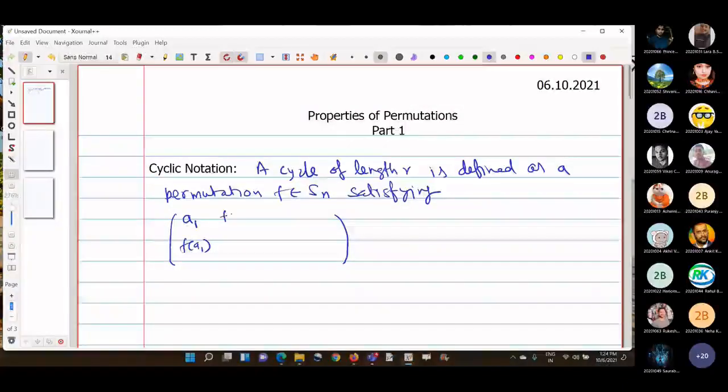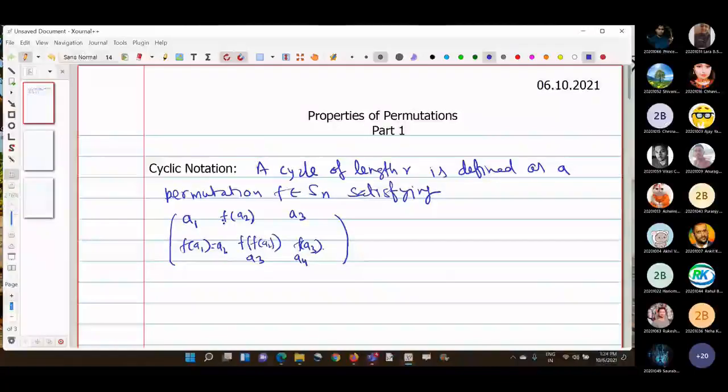Okay, and suppose this f of a1 is a2. Fine. And then here we will start with a2, and its image is f of a2. And suppose this is a3. Similarly, when we write here a3, then we will write here f of a3, that is a4, for example.